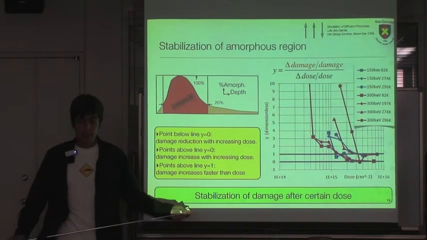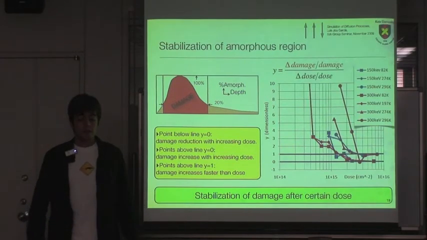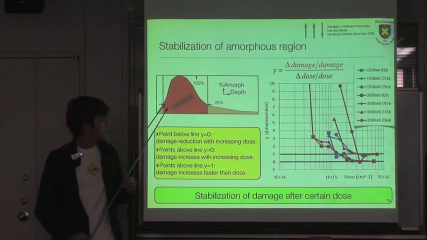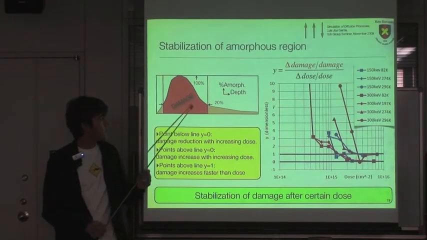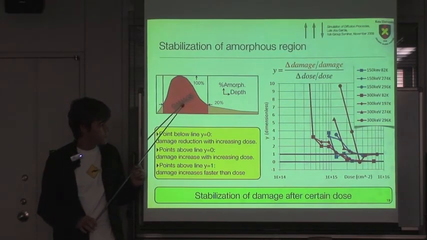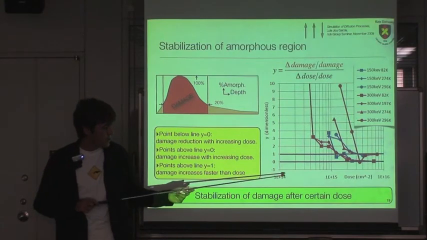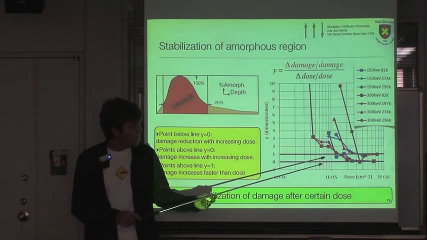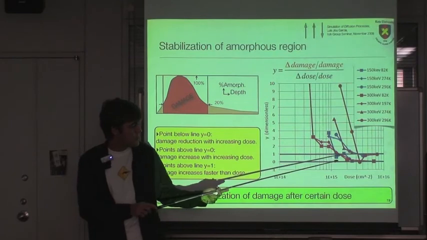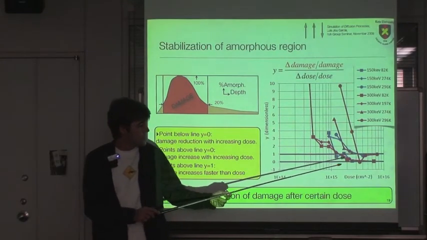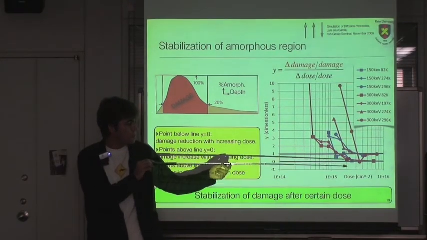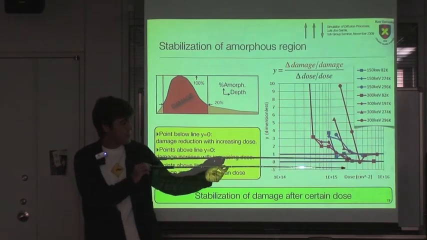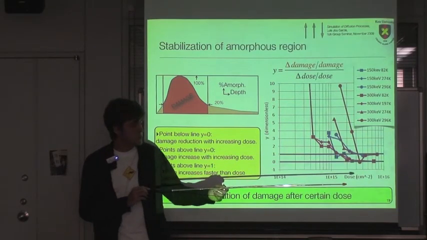What I did here was see what the width of the amorphous region is depending on the dose. As you can see, when we reach some point, the amorphous region, between 0 and 1, grows very slowly with increasing dose.